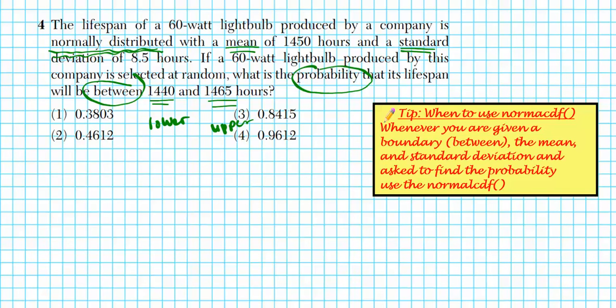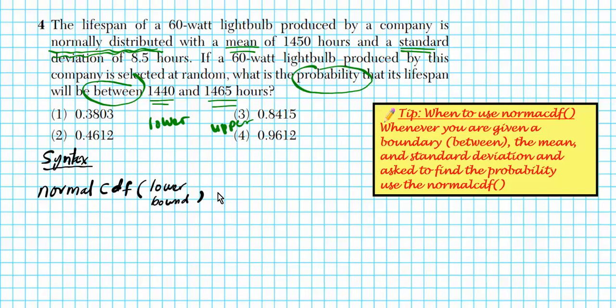So this is how it goes. So normal cumulative distribution function, you have that, parentheses, you then enter the lower bound. That's the first entry, comma, so this is the syntax. This is how you communicate the information that you have with the calculator.